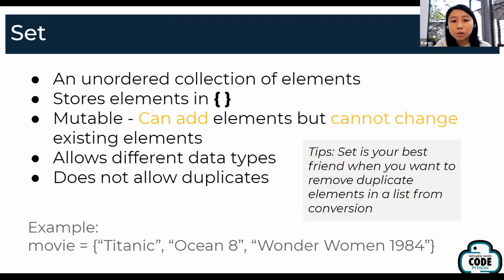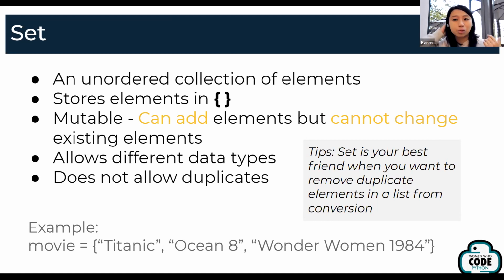Immutable means you cannot take out Titanic, like when it's in a set. But if Titanic has a sequel, Titanic 2, you can add it to the set at the back. You can add it, but you cannot change it or take it out.